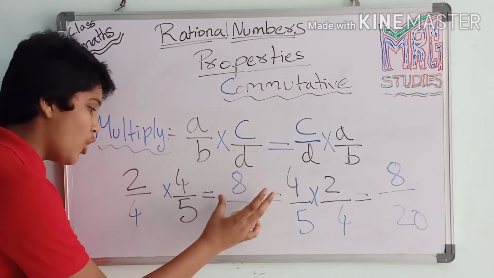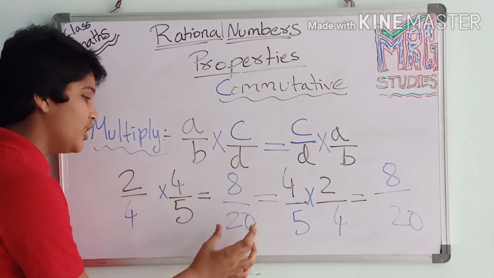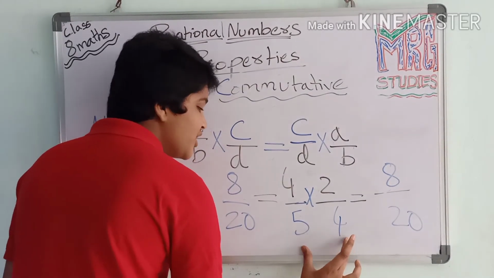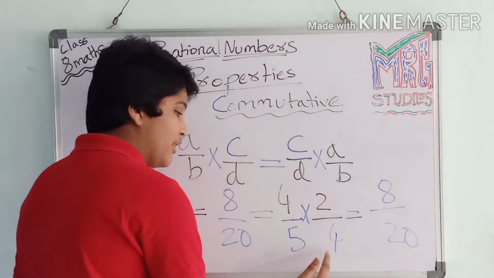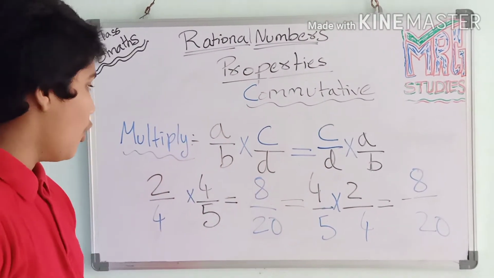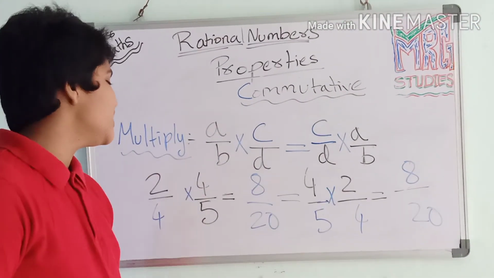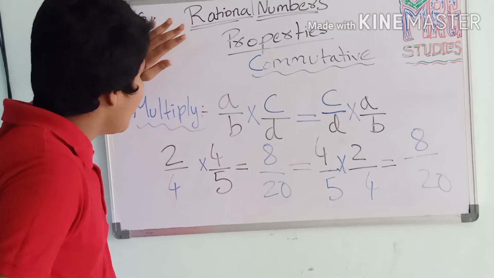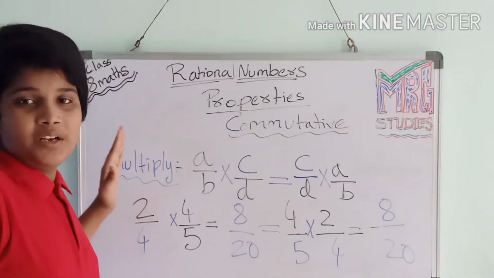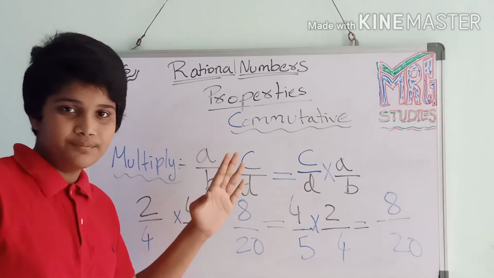We reversed and we got the same thing, 8 by 20. 4 twos are 8 and 5 fours are 20. So the rational numbers are the same. So for commutative property, multiplication is verified.